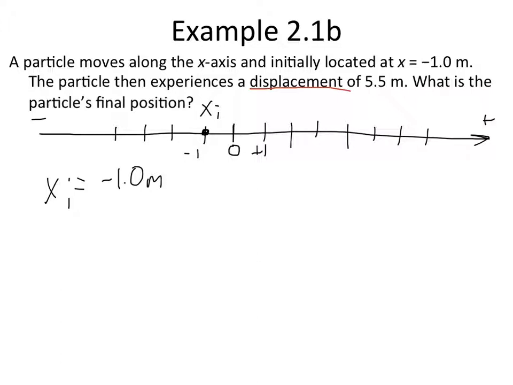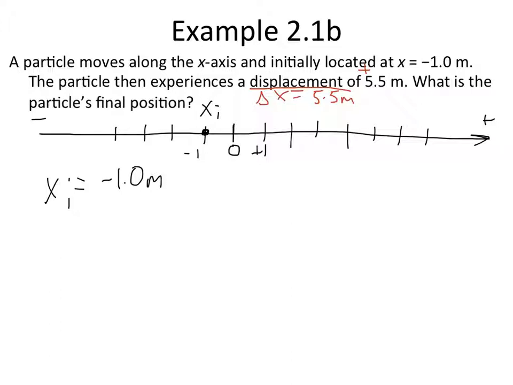A displacement is a change in position, right? So our delta x equals 5.5 meters. Now notice there's no negative in front of it, so it indicates that it must be a positive 5.5 meters.